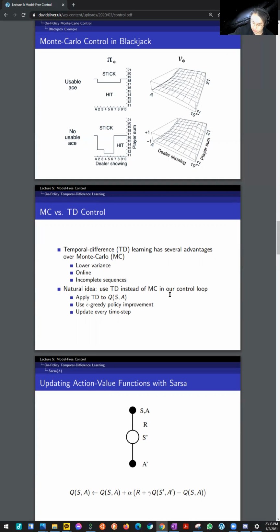In this case, the bias will be very low because it's an actual result of a real interaction. Naturally, the bias is low, but the variance would be high. The reason is that when we're interacting with the environment, we choose the action. It could be a random action or a greedy action, it doesn't matter.